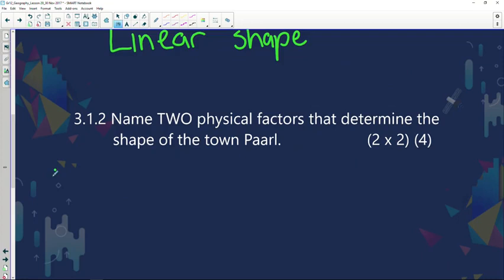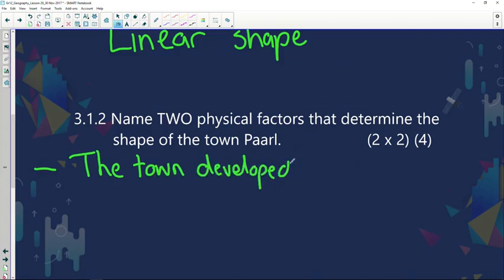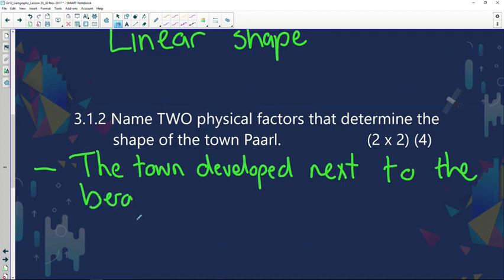So the correct answer will be the town developed next to the Berg River, and we can also say it developed next to the mountain range.